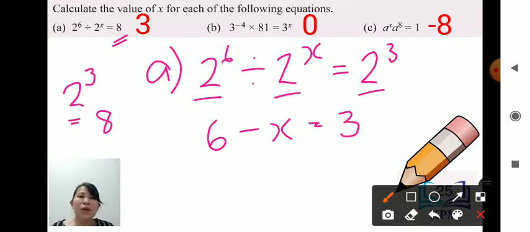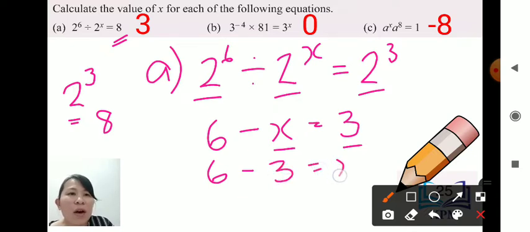Do you remember your linear equation? If you don't remember, then you have to practice a lot. For this case, it doesn't matter how you move x. You can just swap x with 3, so x must be equal to 3.